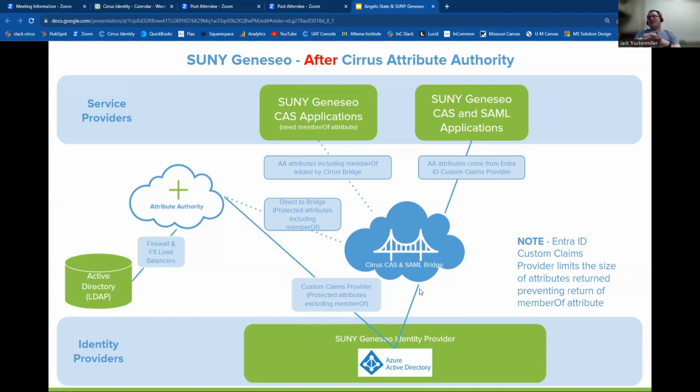And then there is at least one app that needed memberOf. Azure AD really does not like memberOf, but Cirrus was able to implement it in such a way that we could pass memberOf as needed. And then the CAS apps and SAML apps that need these special attributes get those from the attribute authority. Everything looks peachy and works wonderfully.